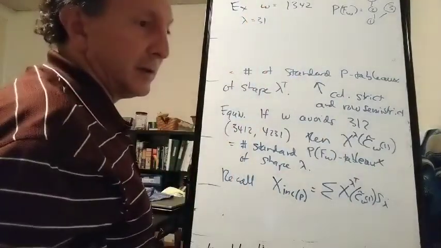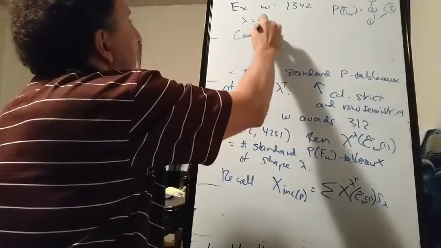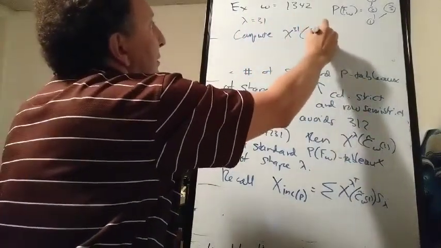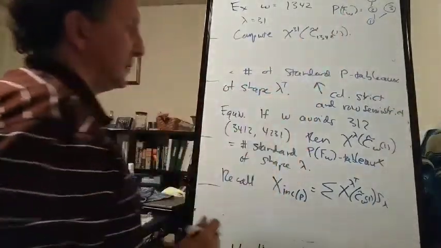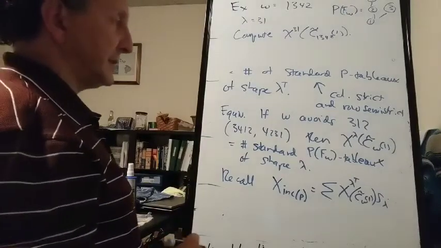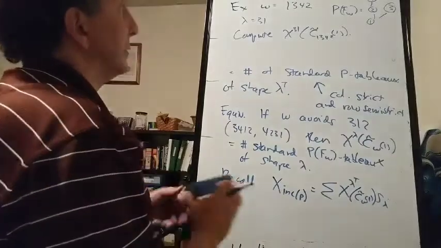And let's use lambda 31 and compute chi 31 of C_1342. So we just have to draw all the standard, that is column strict and row semi-strict, P tableaux of shape 3-1.